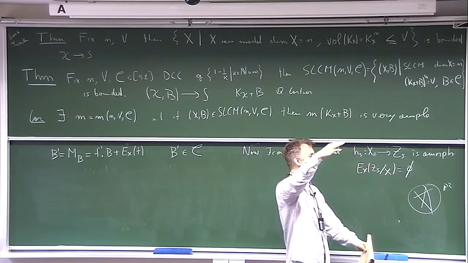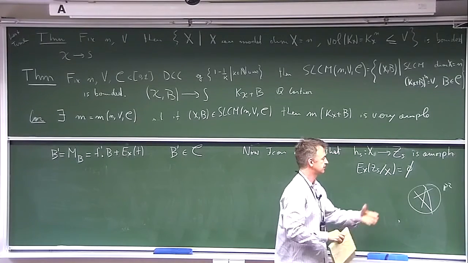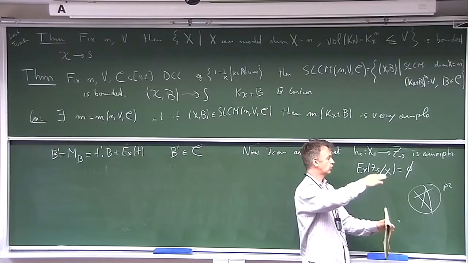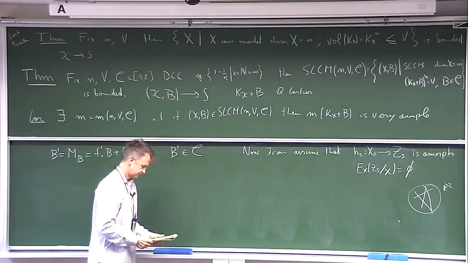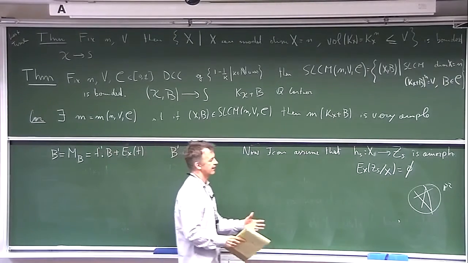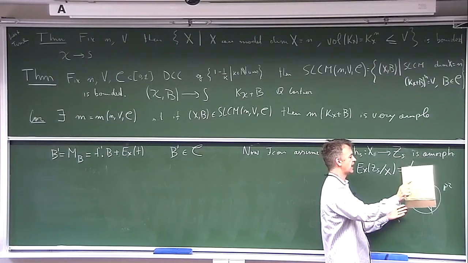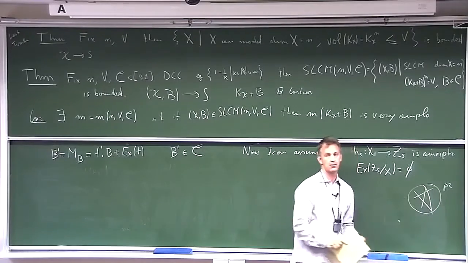You go higher and higher. You're not really getting different semi-log canonical models, but all of those are things that you'll have to consider eventually. And the goal is, in general, to show that all of those blow-ups really are equivalent. They all, in some sense, descend to a common model, the same model.